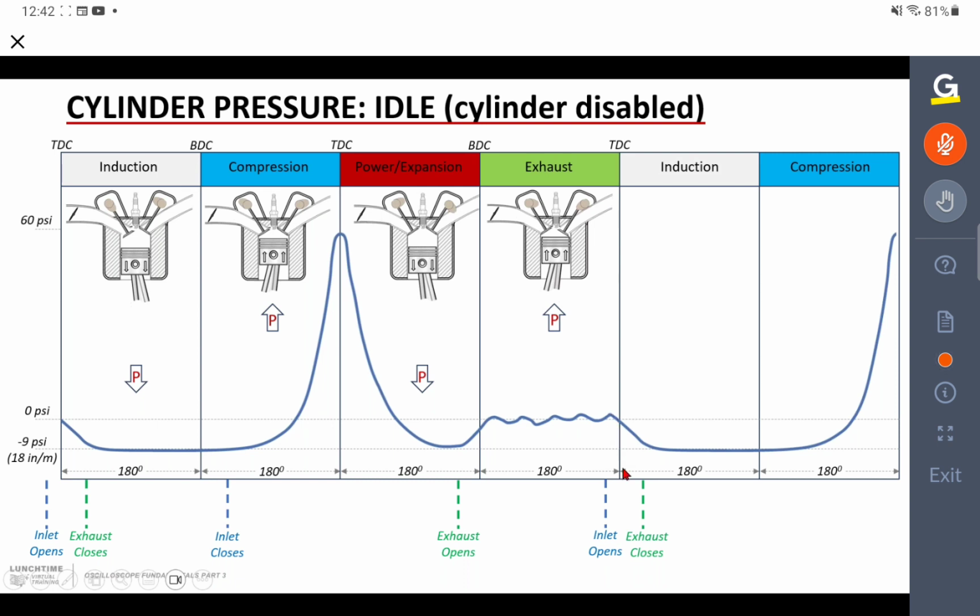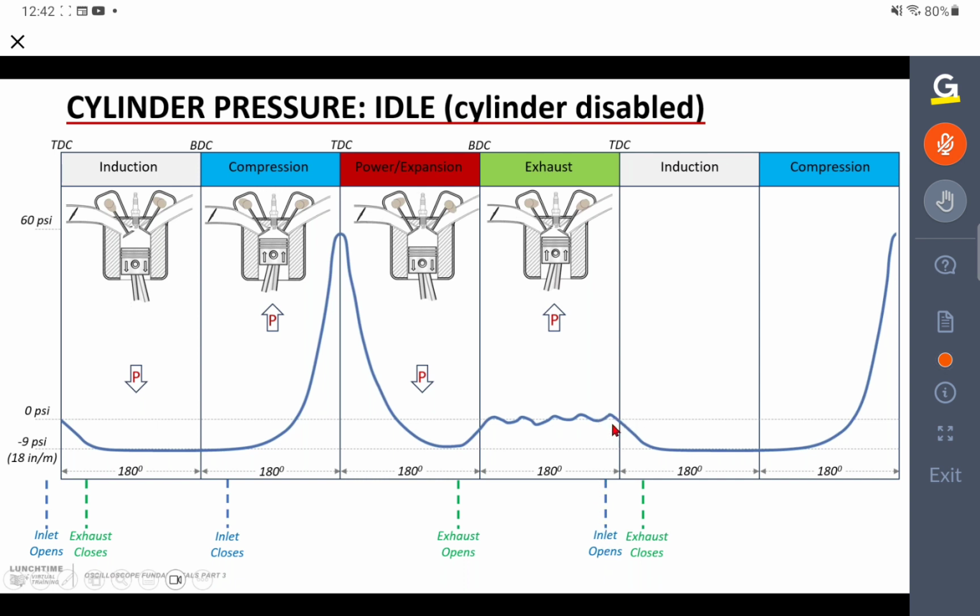So the moment the inlet valve opens, we're now exposing the cylinder again to the intake system, and the cylinder piston again starts to fall down. So the moment the inlet valve opens, that's the last peak we will see of any pressure rise. And there's something to keep in your mind there.